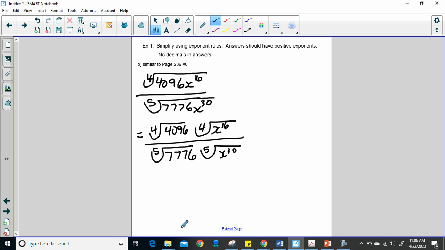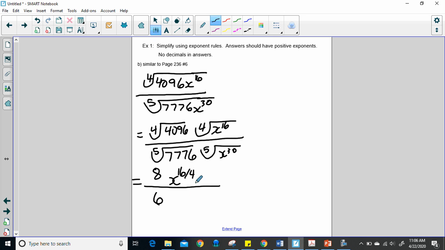So what does that equal? Well, handy dandy table, the 4th root of 4096 is 8. The 4th root of x to the 16, let's think about that one. x to the 16 over 4 is one way to write it. The 5th root of 7776 is 6.